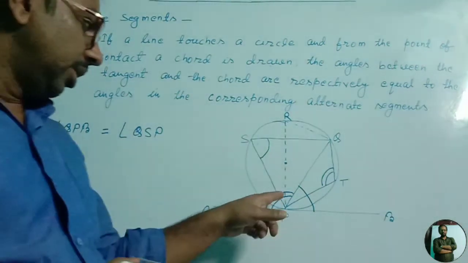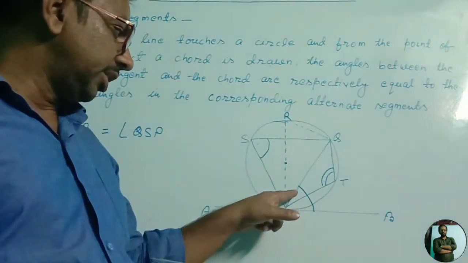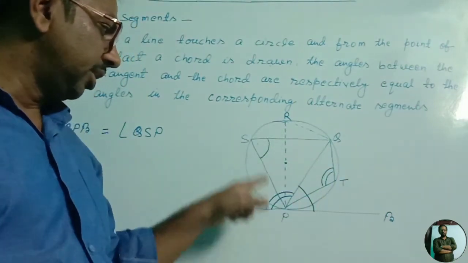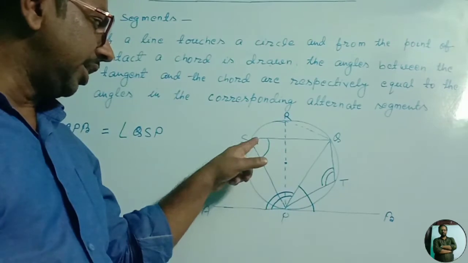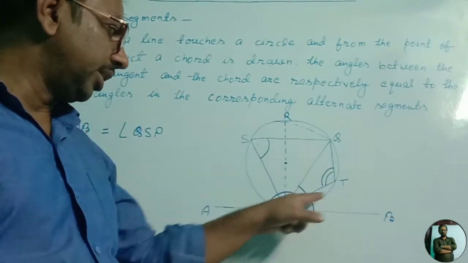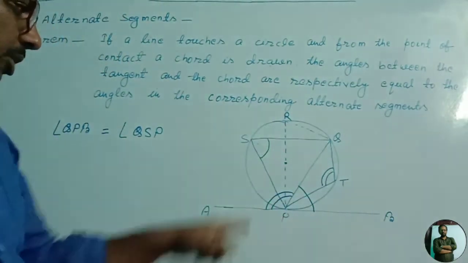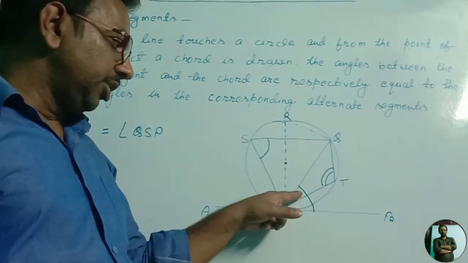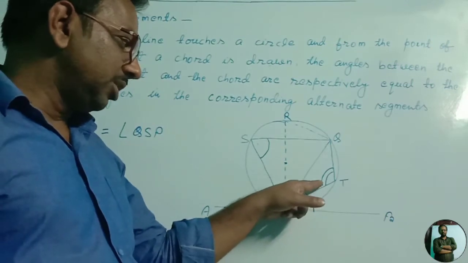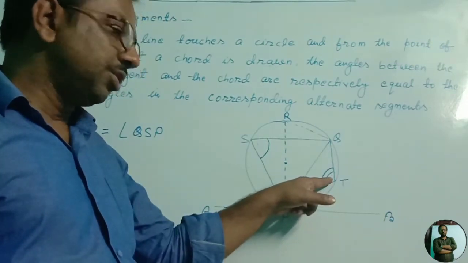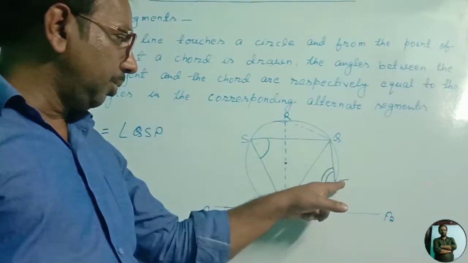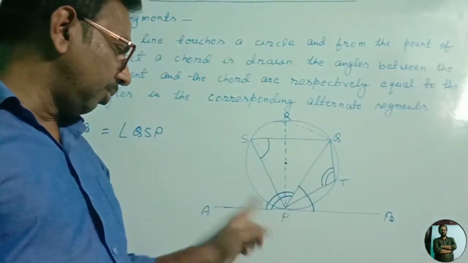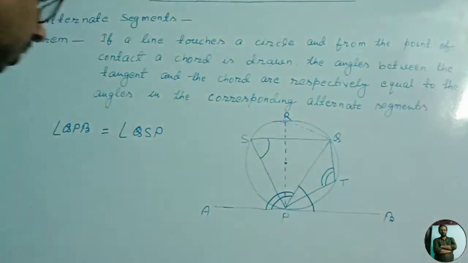By the same rule, we cross this chord, we reach here, then we travel along the line PT, that is the side of the cyclic quadrilateral SQTP. So angle QTP became the angle in alternate segment for angle QPA, and these two angles will be equal.